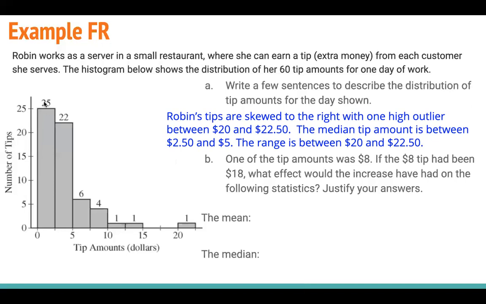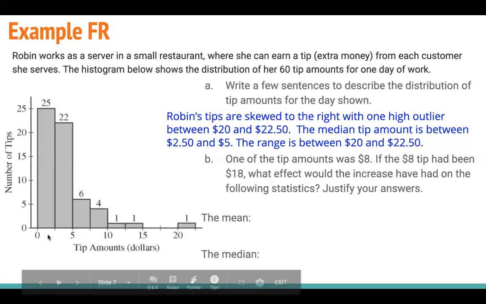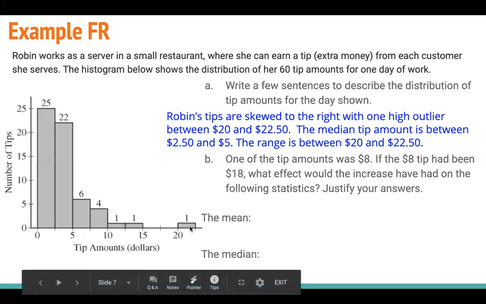Q1 is between 0 and $2.50, and Q3 is between $2.50 and $5 also. So really the IQR is kind of in this $5 range. So the range is between 20 and 22.50, and the IQR is somewhere between 0 and $5, which is a big difference.